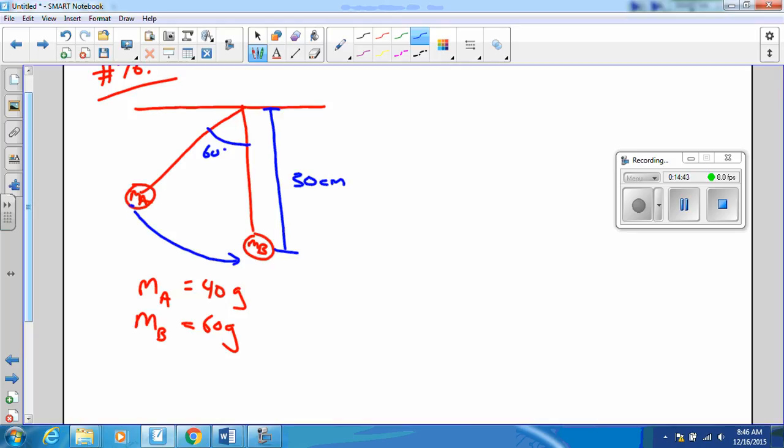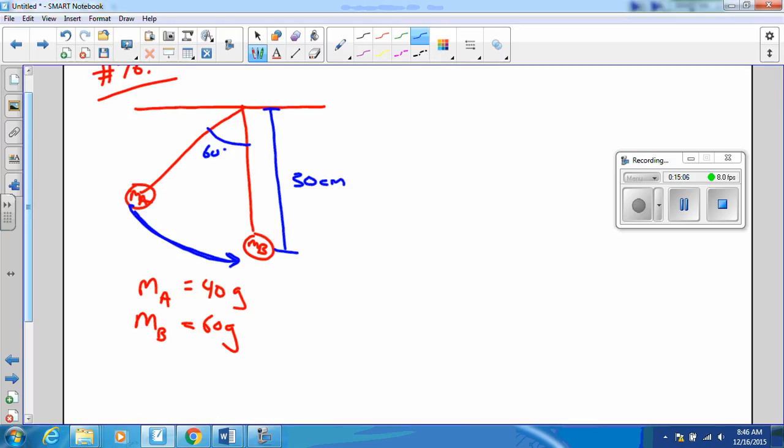The process that gets me from here to here, right before it hits, what is the force operating in that process? Gravity. There's also tension. Are those forces conservative? Well, gravity is a conservative force, I know that.